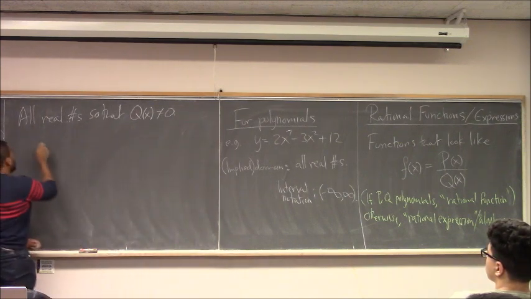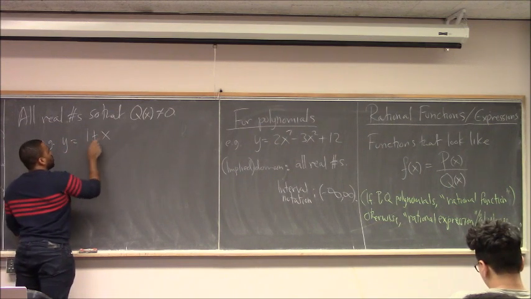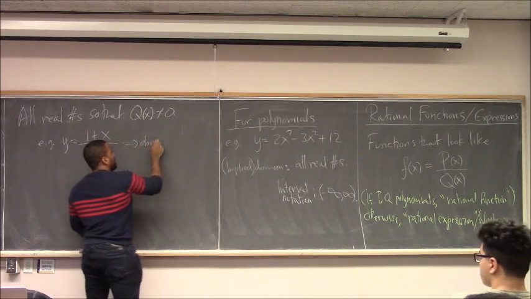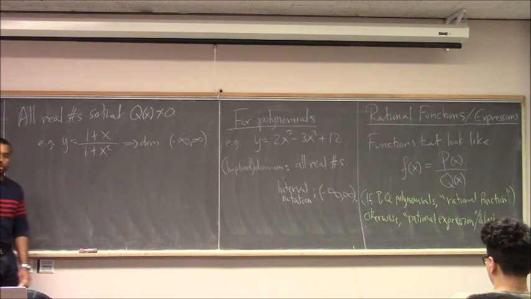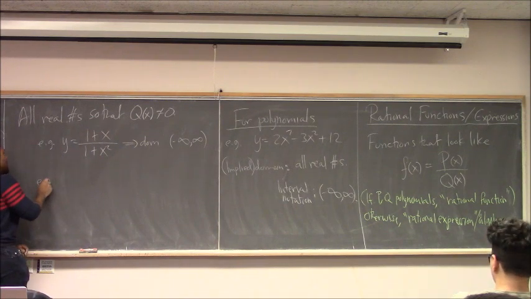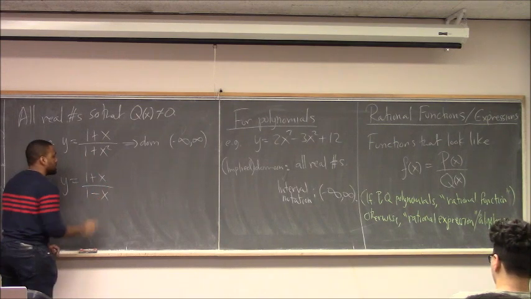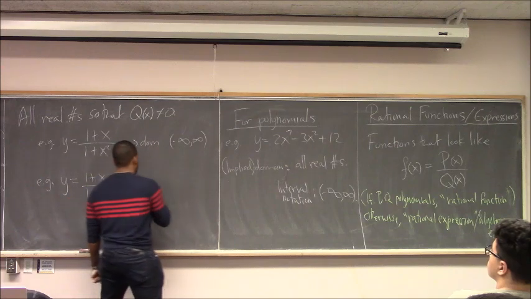So for example, if I look at y equals 1 plus x over 1 plus x squared, the domain of that is actually all real numbers. Nothing is excluded from such an expression. Whereas if I ask you y equals 1 plus x over 1 minus x, that's a different situation. The domain would be what?